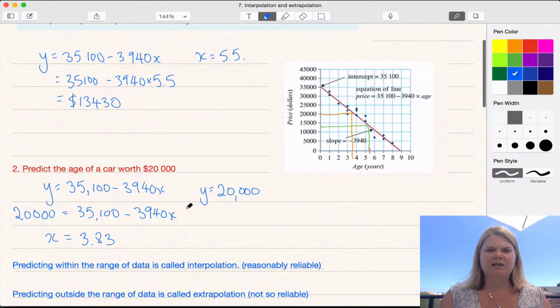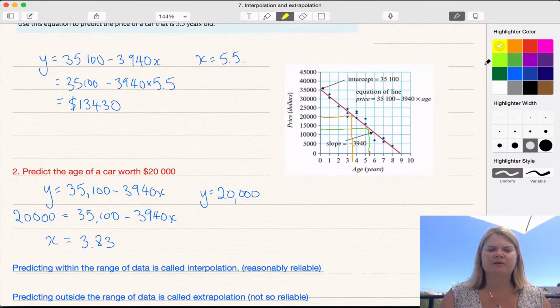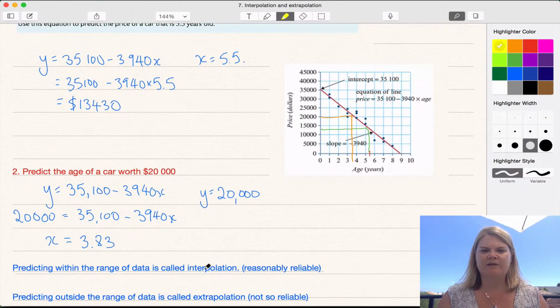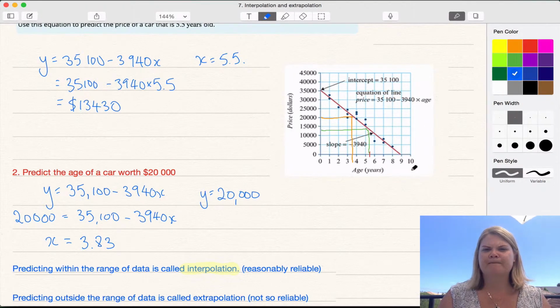When we're making these predictions, there are 2 words that you need to be familiar with. When we're predicting within the range of data, like these 2 examples that we've done here, it's called interpolation. That means our data points go from an age of 1 year all the way up to an age of 8 years.